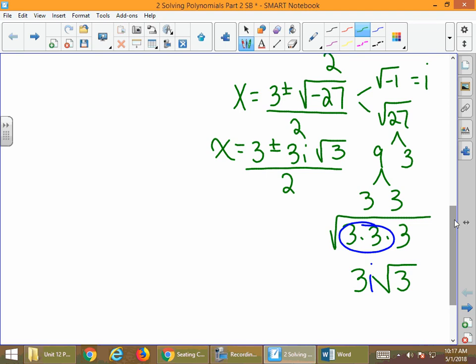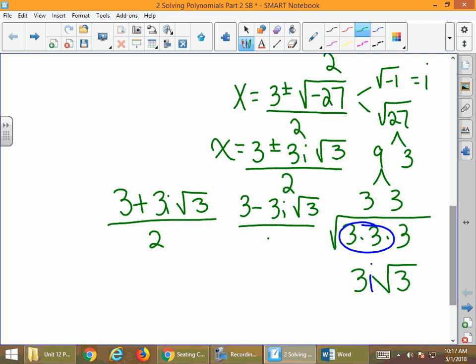And just a reminder that what that means is 3 plus 3i radical 3 over 2, and 3 minus 3i radical 3 over 2. If you want to write them both out, write them both out. If you want to write plus or minus, write plus or minus.